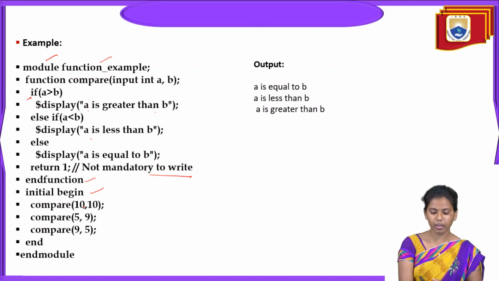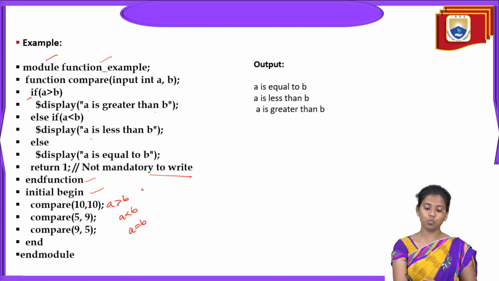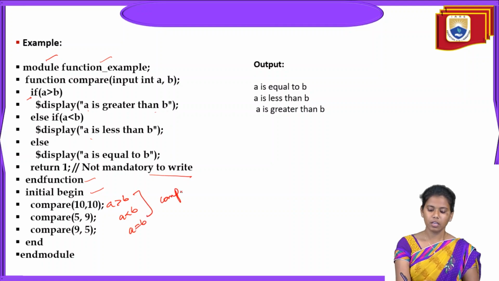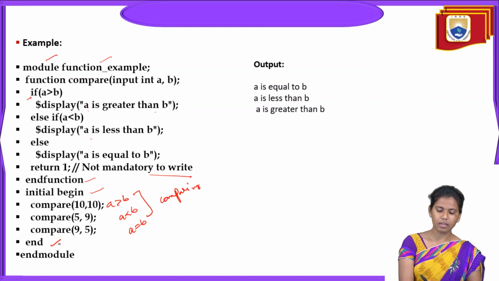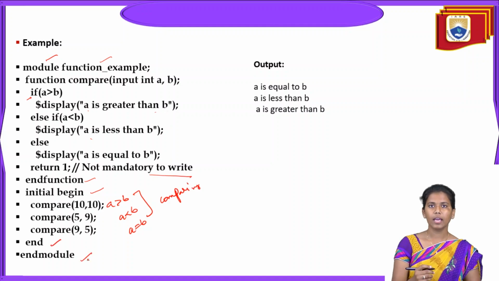Now I'm comparing A greater than B, A less than B, and A equal to B. This is what I am comparing, right? Then after that, end, and then end module.